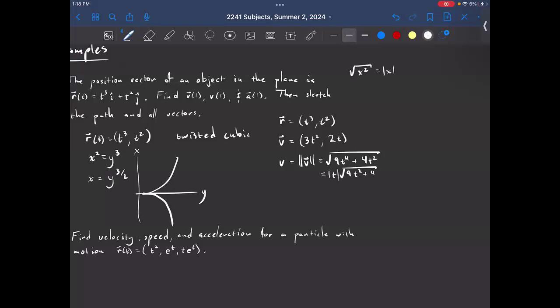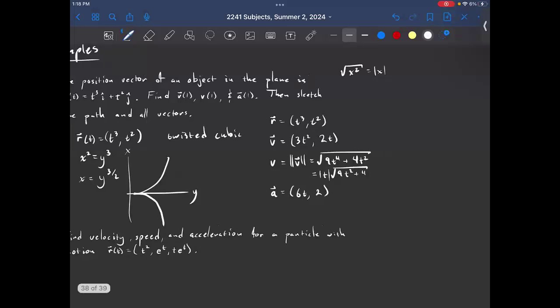We need to account for both the positive and negative solutions. Okay. Now the acceleration vector is the derivative of the velocity vector. If you remember from our formulas in the previous video, we get 6t, 2, and this may look familiar from computing derivatives with the twisted cubic.